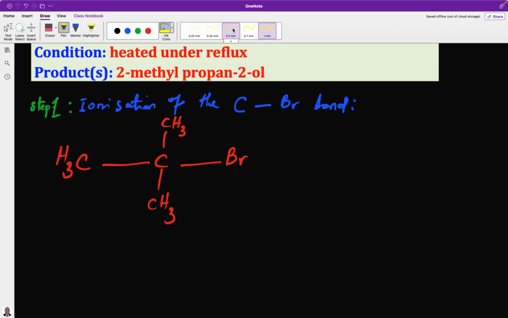It should be noticed that the carbon-bromine bond is polar because of the different electronegativity, as I explained to you.